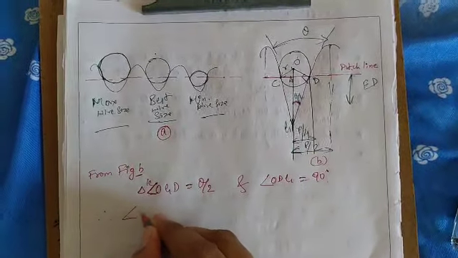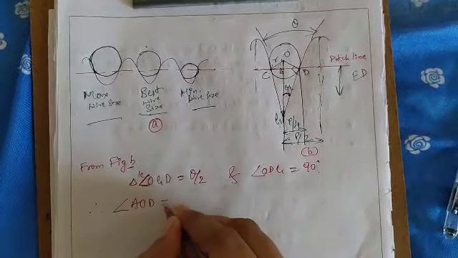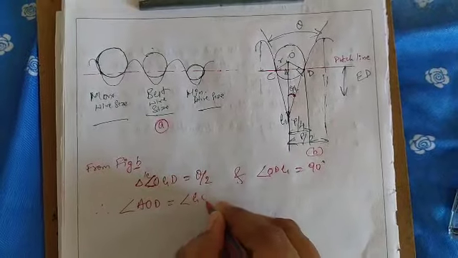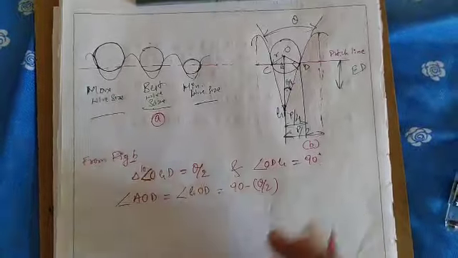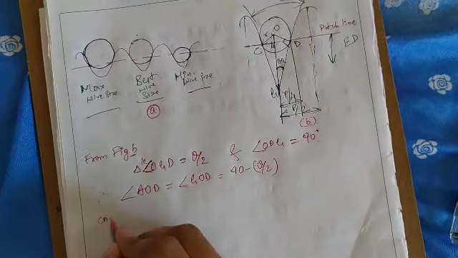Therefore angle AOD, which equals angle GOD, is 90 minus theta by 2.